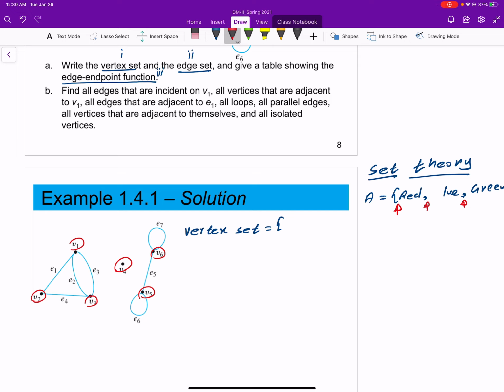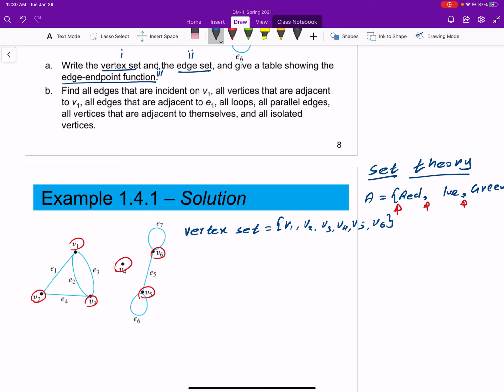How many dots are there? I'm sorry, I made a mistake earlier: this is an edge, and this is an edge. There's another vertex right here. There are 6 dots. So the vertex set includes V1, V2, V3, V4, V5, V6, and then I close the curly bracket.